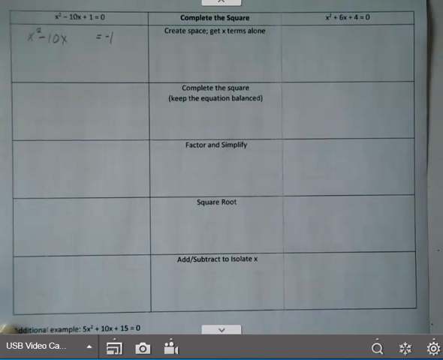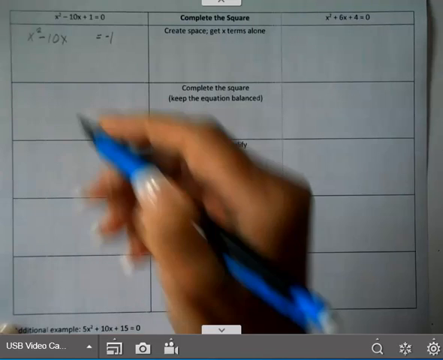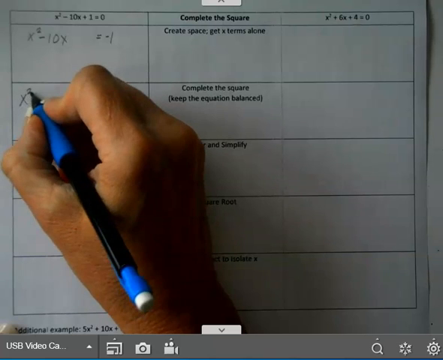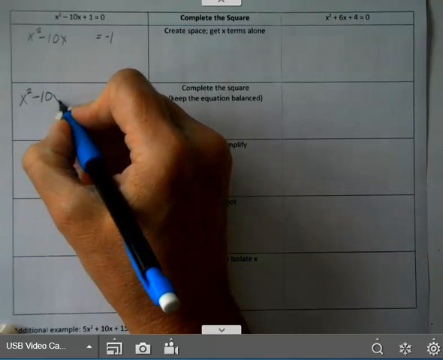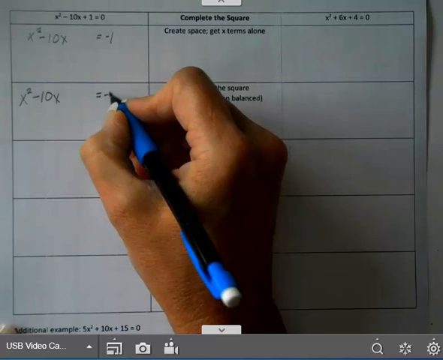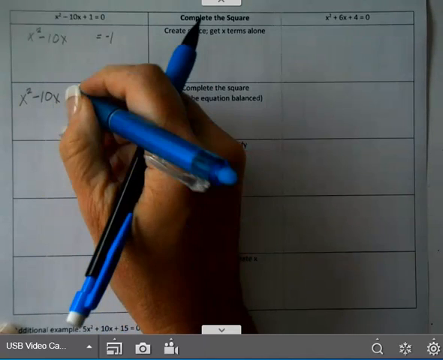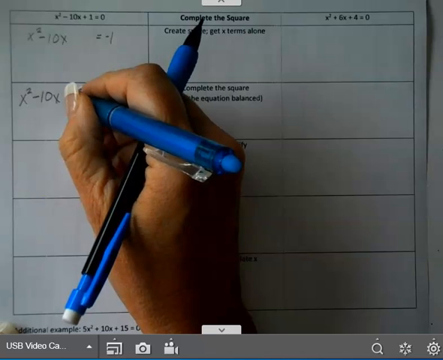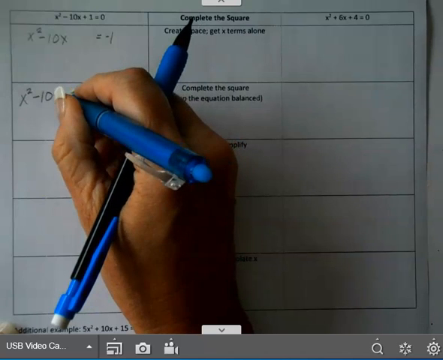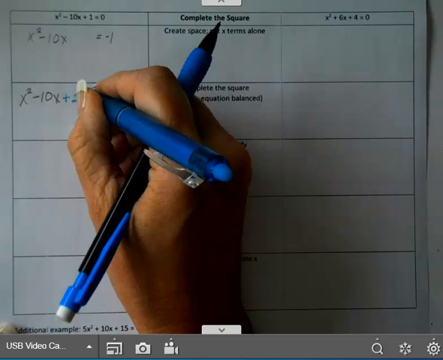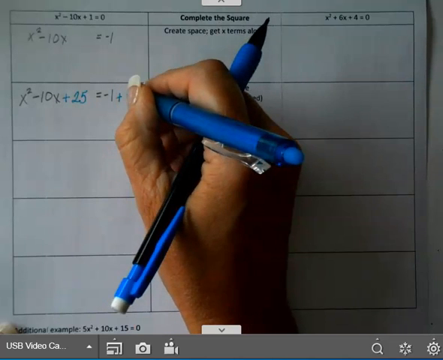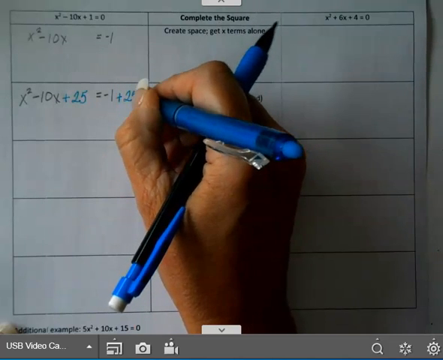And then I'm going to create a perfect square trinomial. So I take half of my linear term and I square it. Half of negative 10 is negative 5, and when I square it, I get 25. So I'm going to keep this balanced and add 25 to both sides.